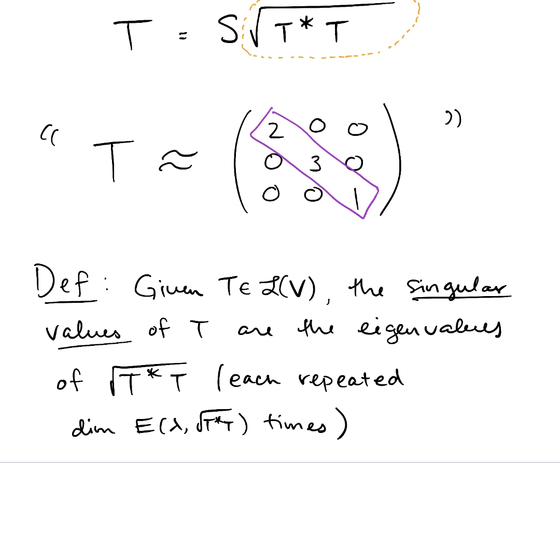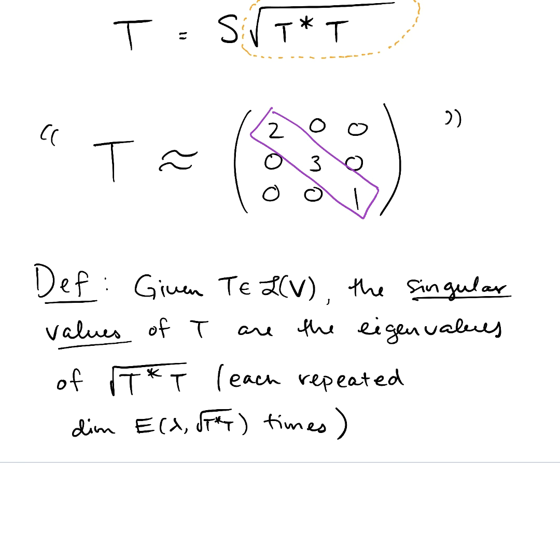Our last video, coming up Thursday of this week, is going to try to tell us, well, who cares? So what? You have these things called singular values, which are not quite eigenvalues of T, but they're somehow related to T. Why would a person want to know the singular values of an operator T?